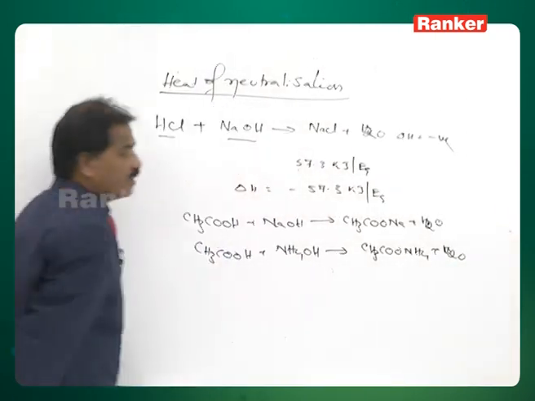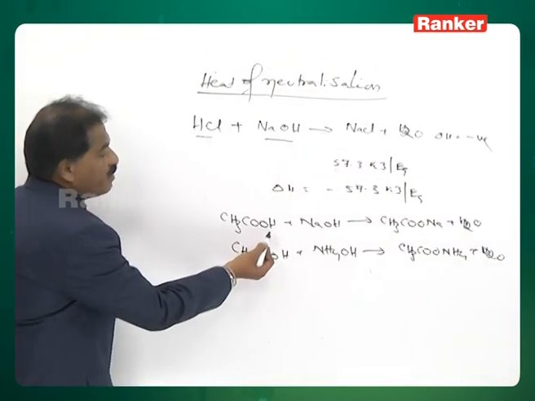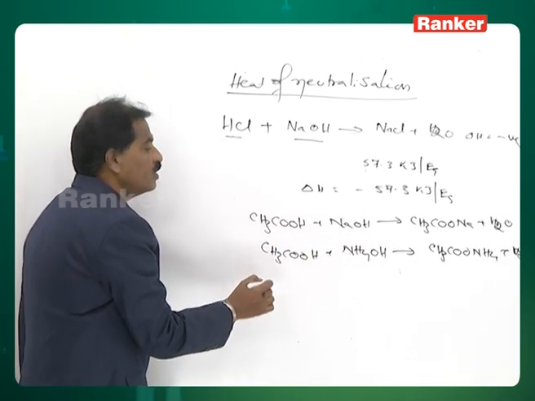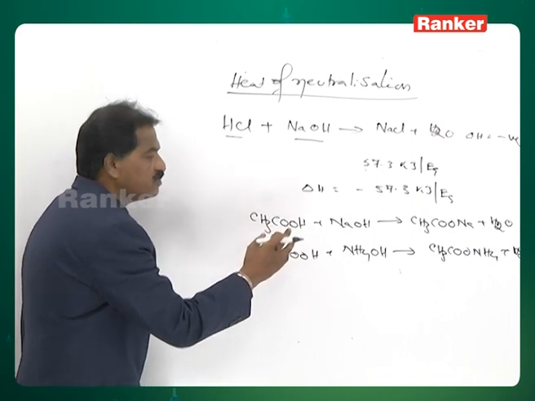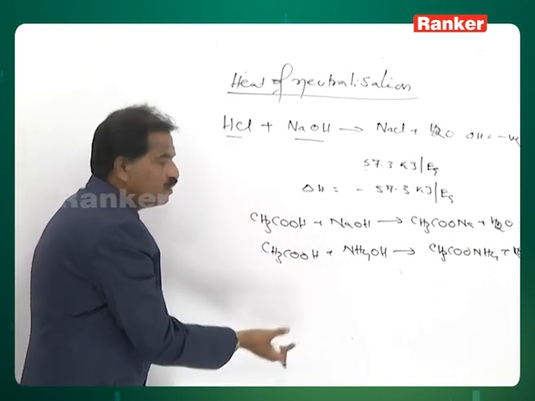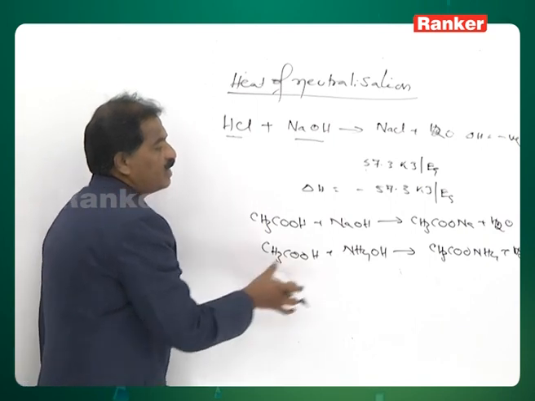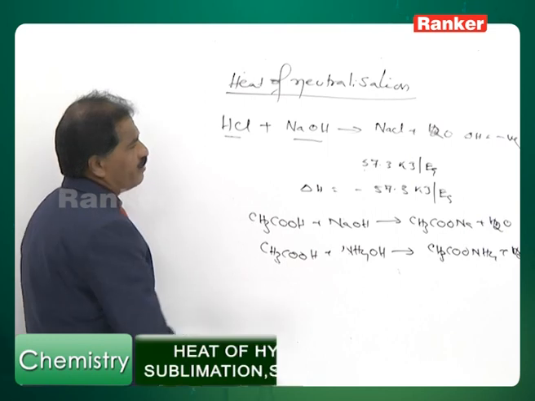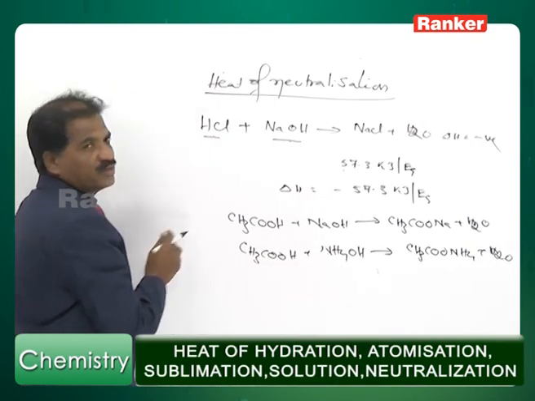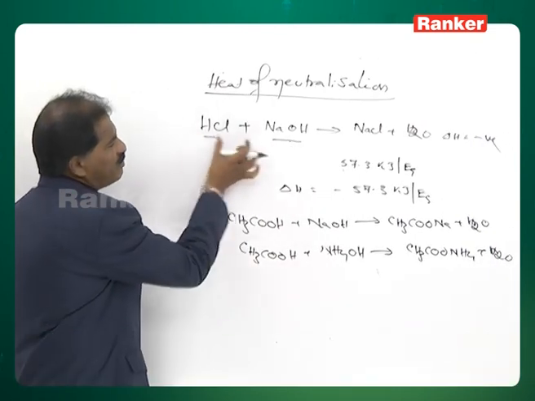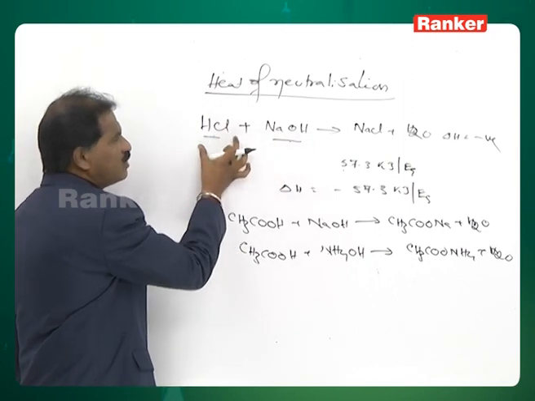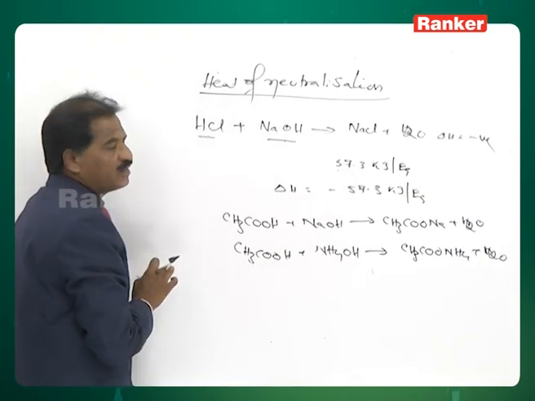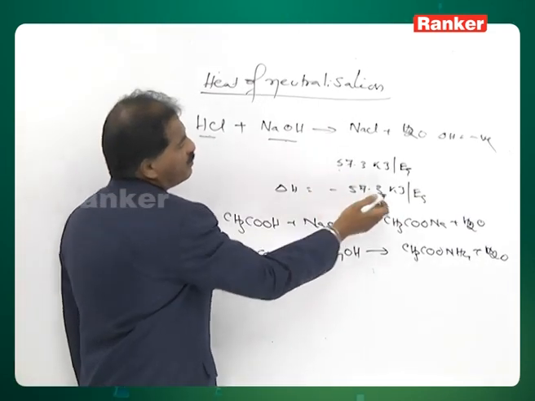Since the degree of ionization of the weak acid or weak base is less than 1, only those molecules which have already undergone ionization will participate in the reaction. Hence fewer bonds will be formed, hence less heat energy will be released. Whereas if strong acid and strong base participate, since the degree of ionization is 1, all molecules will provide their constituent ions for the neutralization reaction, hence more bonds will be formed, therefore more heat will be liberated.